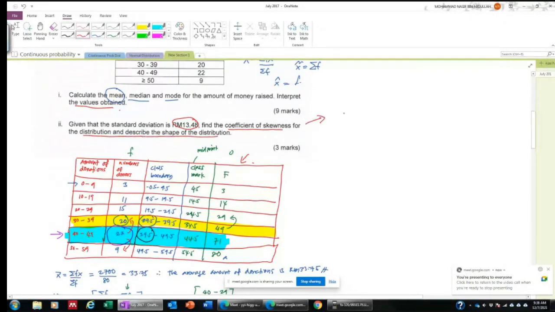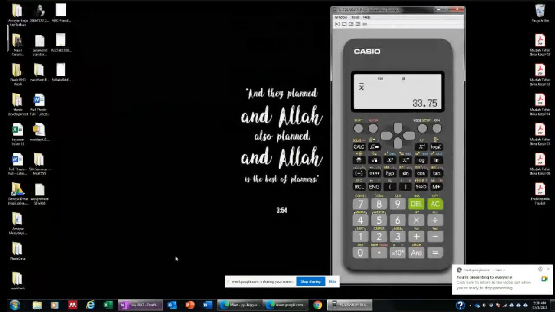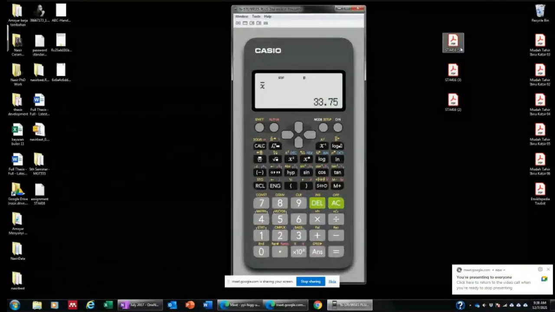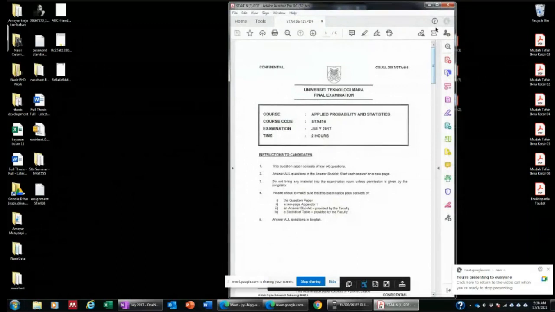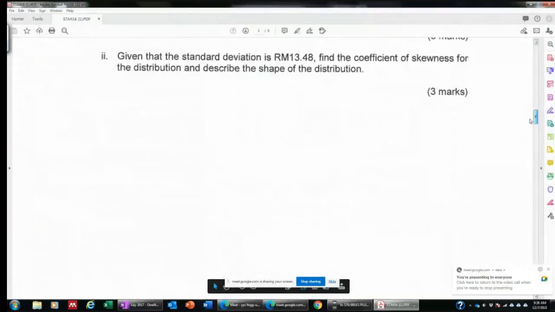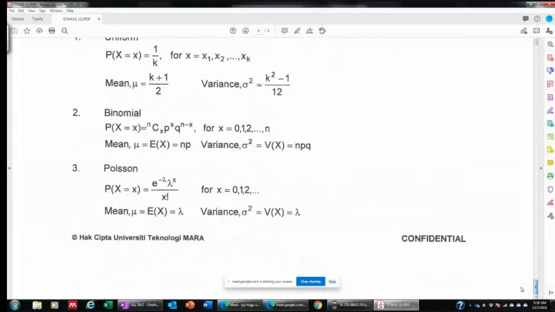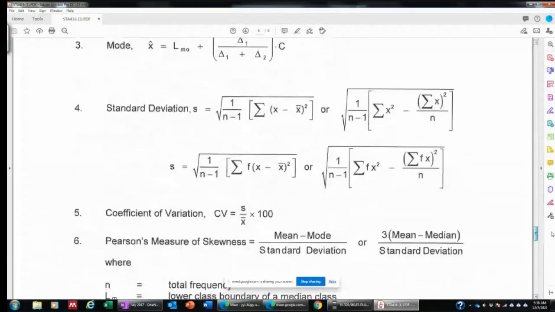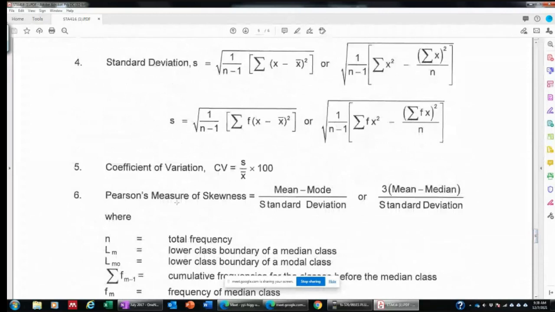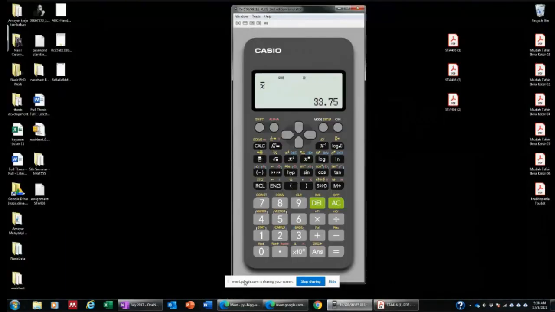So for coefficient of skewness, we have two formulas, right? If you cannot remember, kita buka balik the list of formula at the back. So we have two formulas for Pearson's coefficient of skewness: mean minus mode divided by standard deviation, or mean minus median multiplied by 3 divided by standard deviation. So you can choose either one.